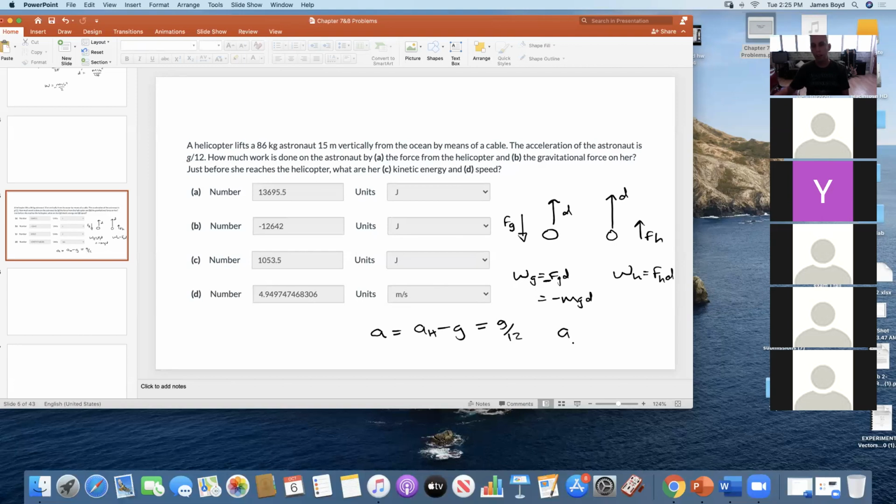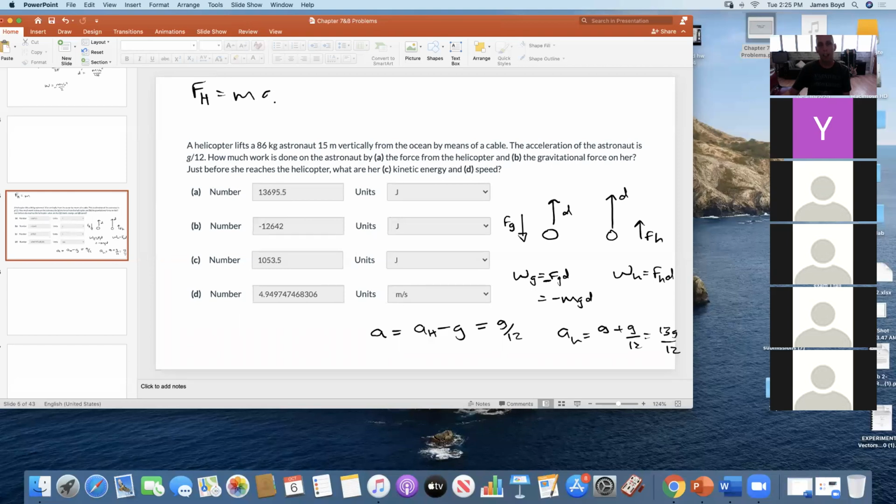So a_H is g plus g over 12, or 13g over 12. So we know what the acceleration of the helicopter is. And now we need to know the work done by the force of the helicopter. The force of the helicopter is mass times the acceleration of the helicopter, or 86 times 13 over 12 times g.